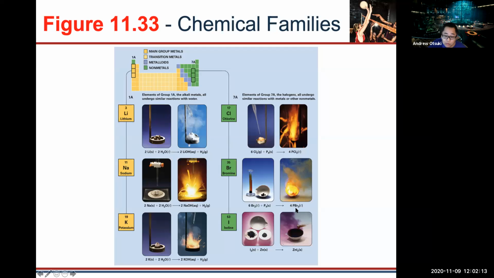Here, phosphorus tribromide evaporates, and it's a very volatile mixture. And then zinc iodide too, you see that it gives off a lot of heat. So the reactions are very predictable, and they all undergo similar ones with metals or non-metals. In this case, it's a non-metal with phosphorus, but in this case, it's with zinc. You form zinc iodide, and you get this solid right here.